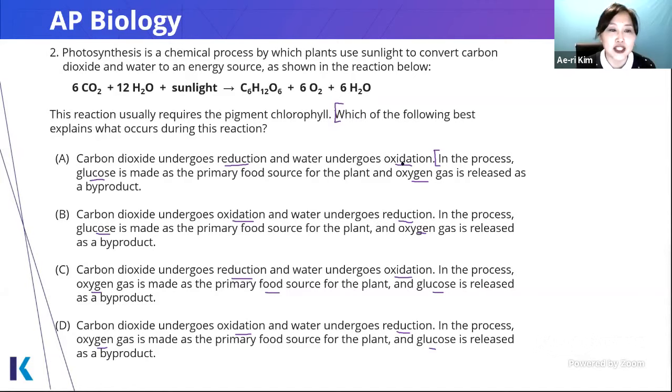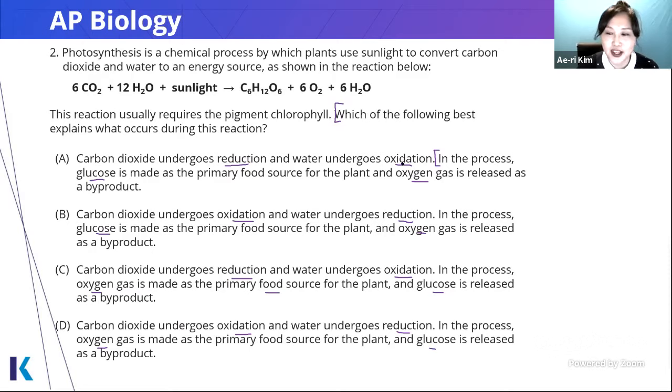If you don't know, they are technically both products in the process of photosynthesis, right? So they're both on the right side of our reaction, but one of them is the actual thing plants need, and the other one is going to be your garbage, your byproduct, the thing that you don't really want to use anymore.